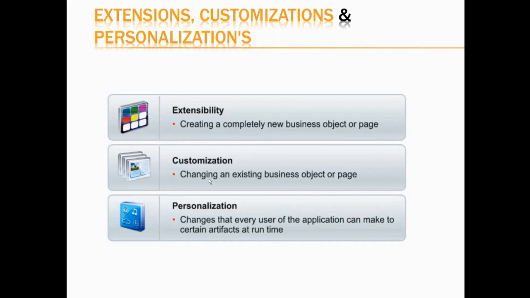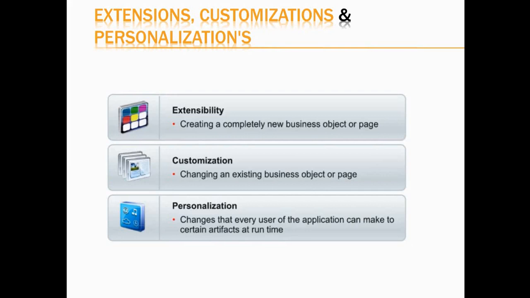Okay. And customization means changing an existing business object or a page, modifying the existing page, changing the properties of the existing page. In the page, if you want to modify the field level properties, or hide one field or make one field required, or change the text or label of the field, or change the color of a button, or change the foreground color, background color, change the appearance of the Fusion applications.